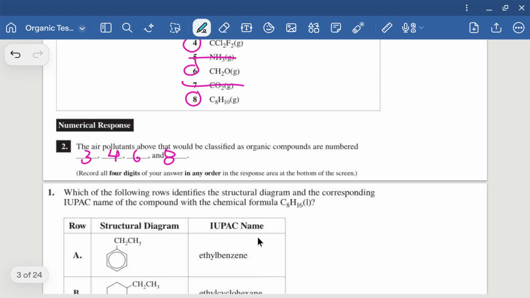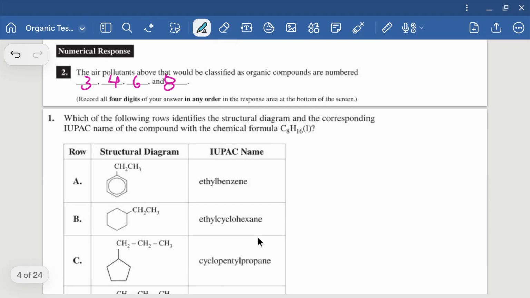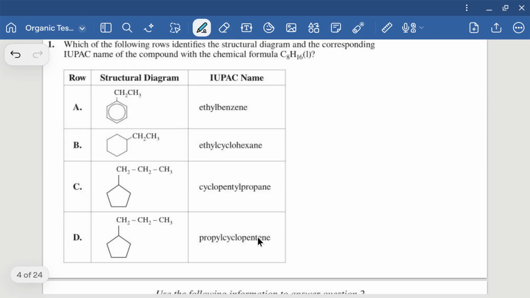So those are the first kind of easier ones, just knowing what's organic or inorganic. This next one is asking which one of these could be a formula with C8H16, and then which ones are correctly named. So going through this, because this is benzene, we know if it's a benzene ring, you have alternating double bonds.